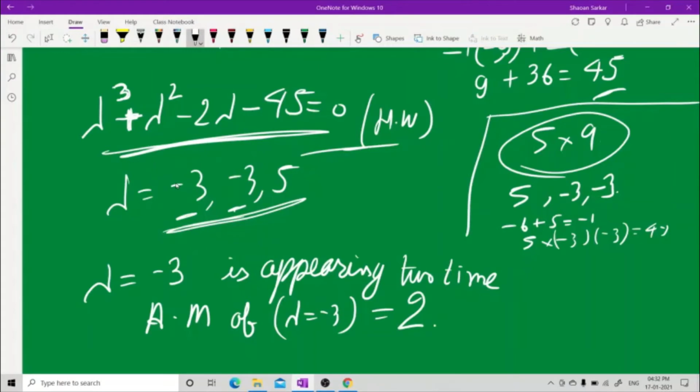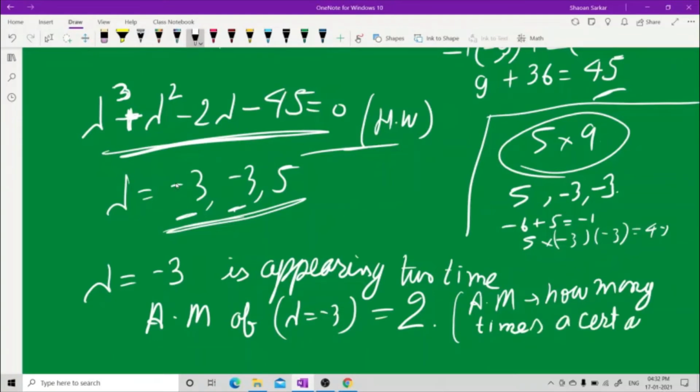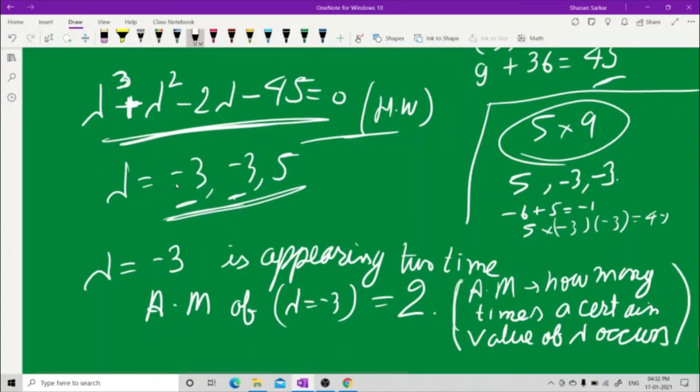Algebraic multiplicity means how many times a certain value of lambda occurs. This is what you mean by algebraic multiplicity.